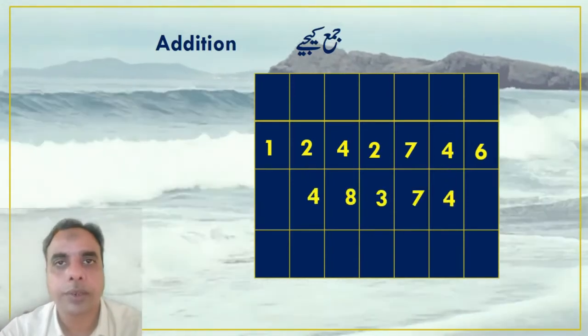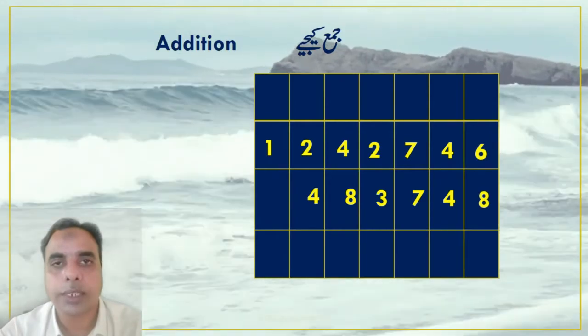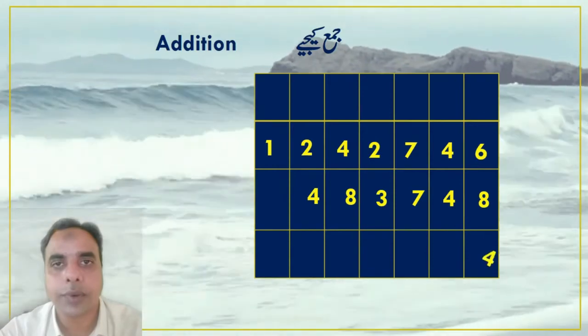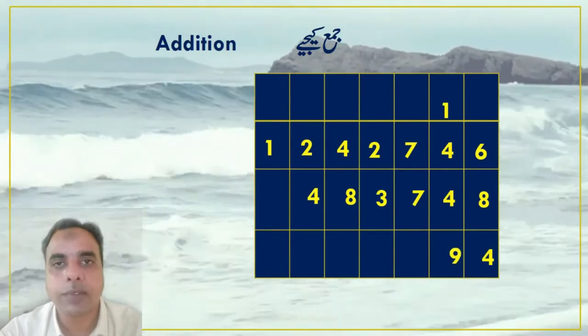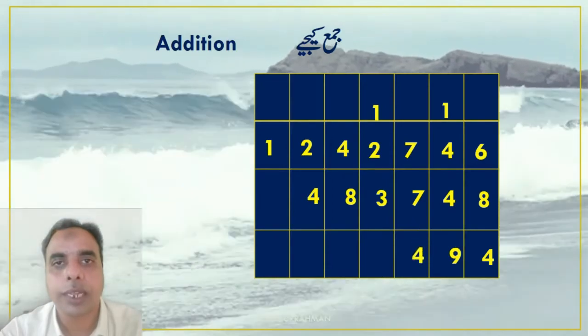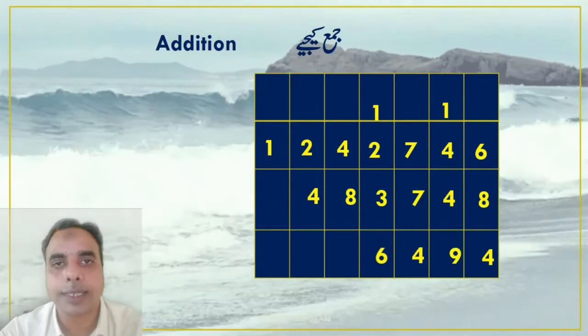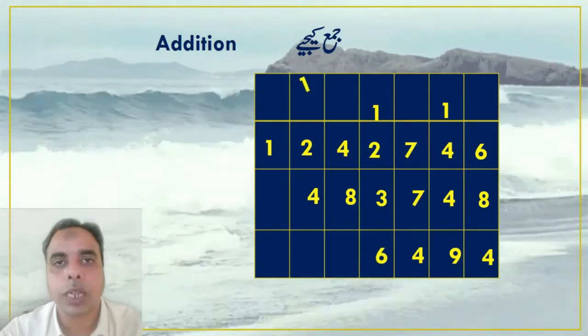Okay, so like this we can do the additions. And now we'll move to the next question here, and on your screen there is addition of 12,42,746 with 4,83,748. So we'll do the addition here. 6 plus 8 is 14, 1 will be carry. So 1 plus 4 is 5, 5 plus 4 is 9.